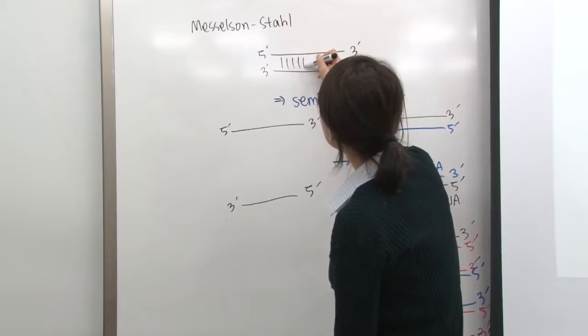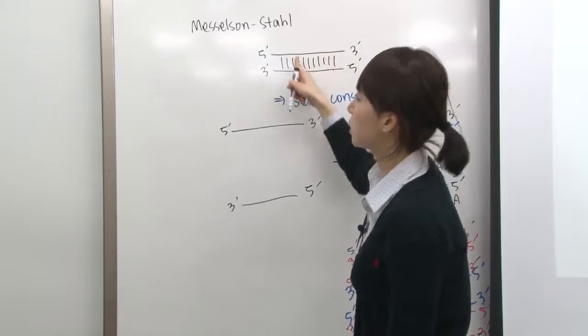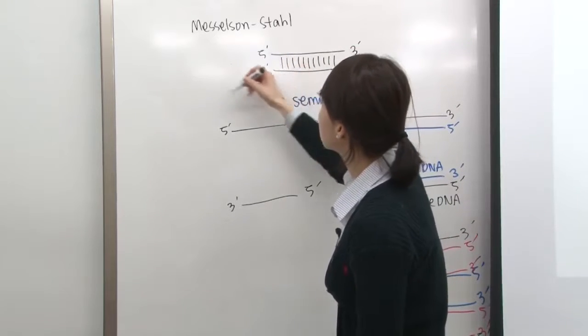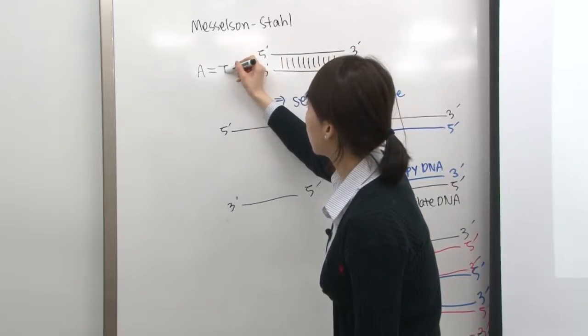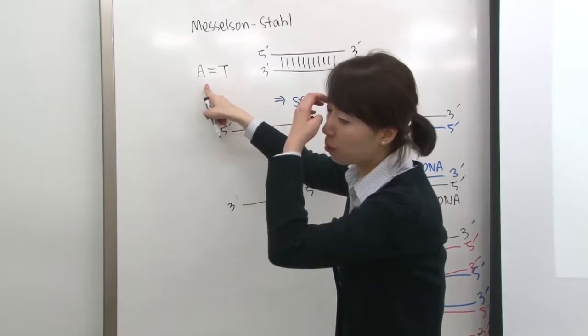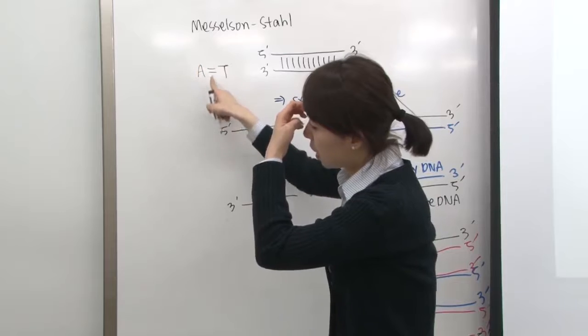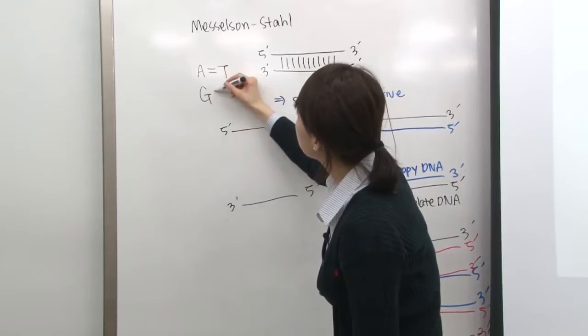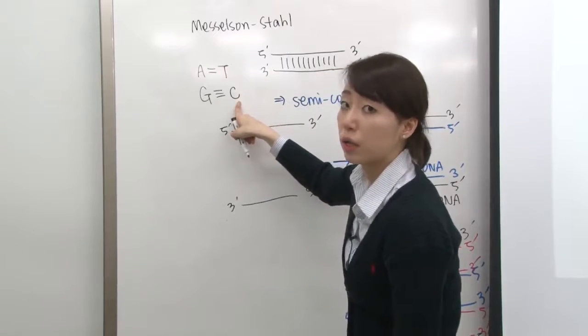These two are called complementary because each base is bonded to another base that is complementary to it. The bases are paired between purine and pyrimidine. So a purine bonds to a pyrimidine, and another purine binds to a pyrimidine.